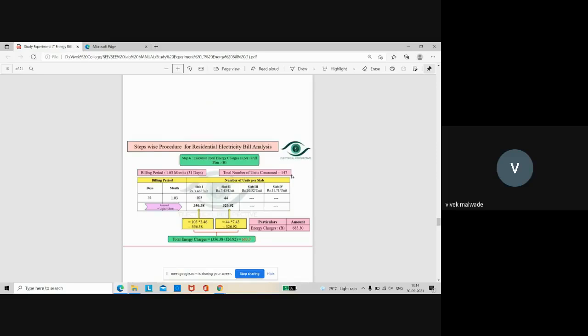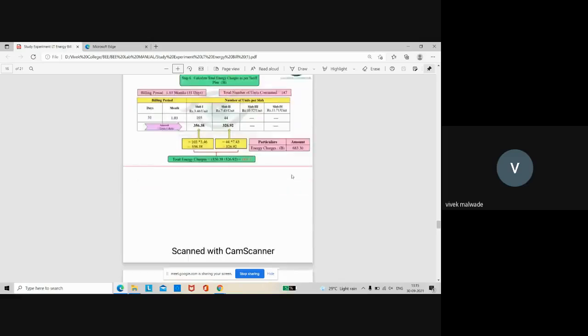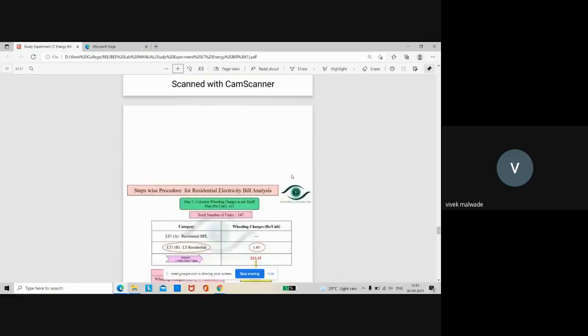So total energy charges, actual energy you are using in your home, उसका चार्ज कितना है, 683.3 rupees. ये आपका एक्चुअल एनर्जी यूज का चार्जेस है पर मंथ का. और इसके अलावा जो बाकी आपको चार्जेस लगने वाले हैं, these are nothing but all additional, that is fixed charges, billing charges, टैक्स वगैरह भी, that also we will see in the next slide.